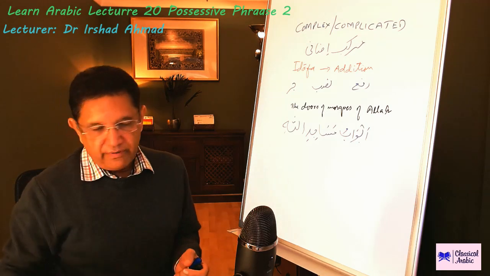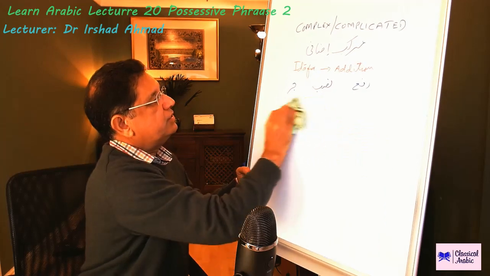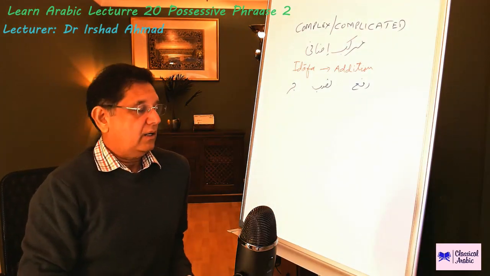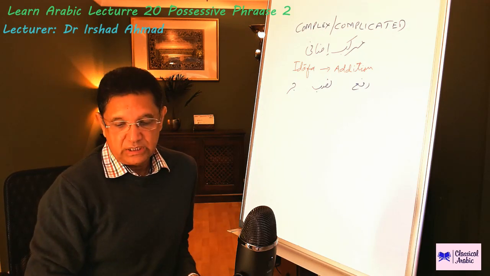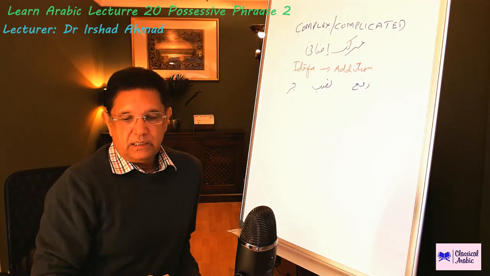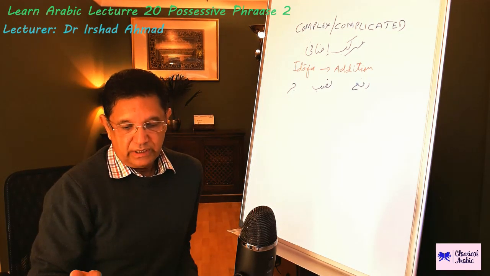Now the final point is that we know khabar is usually indefinite and mubtada is usually definite. But sometimes the khabar could be definite as well, and we have already looked at 2 examples previously.